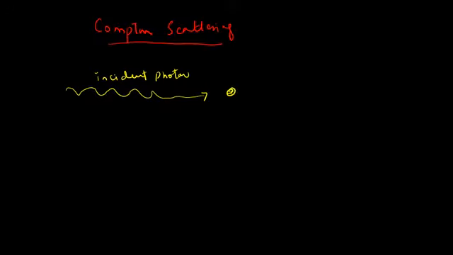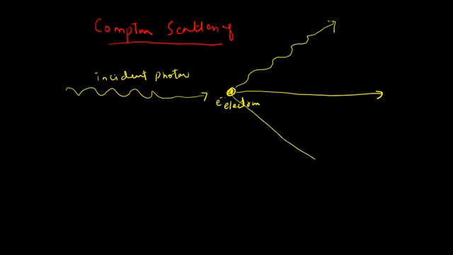This is the electron at rest, and when these radiations strike the electron, along the original direction of radiation, the incident photon gets scattered in a different direction and the electron gets scattered in a different direction.